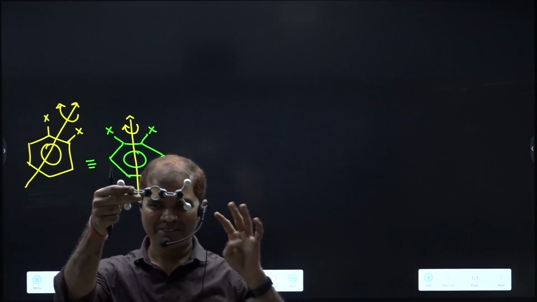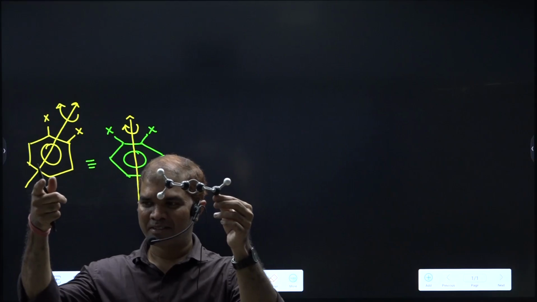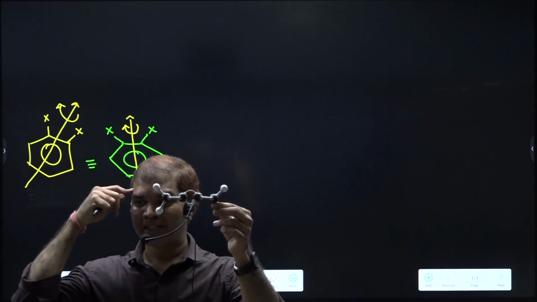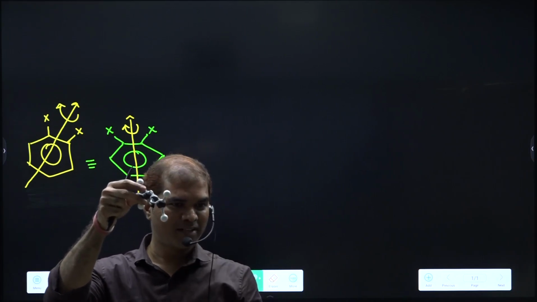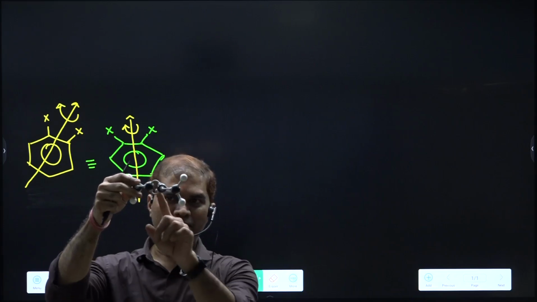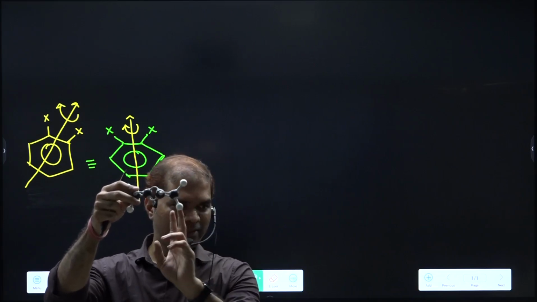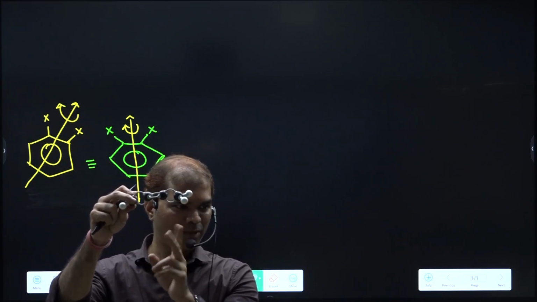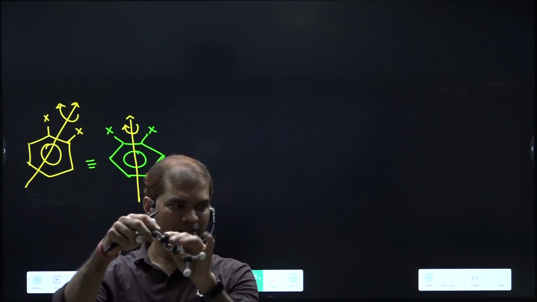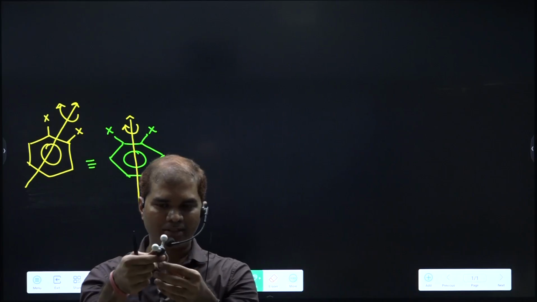Last option. Somebody said cumulene. This is not allene. This is not butadiene. This is not butene. This is cumulene. 1, 2, 3 double bonds, one after the other. Consecutive double bonds. 2 consecutive double bonds, allene. 3 consecutive double bonds, cumulene.